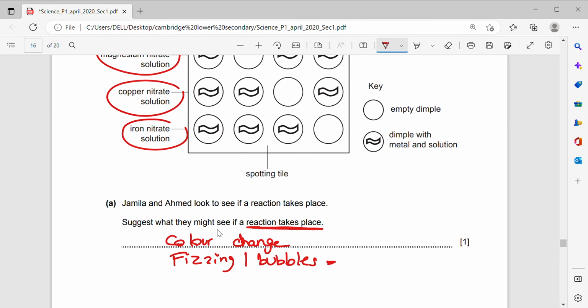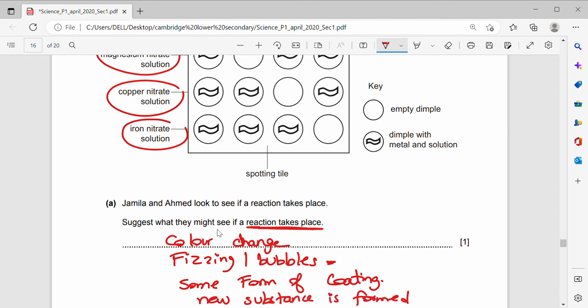What else could you notice? You could notice some form of coating, meaning a new substance is formed. So all these are evidences that you might see to confirm a reaction is happening.